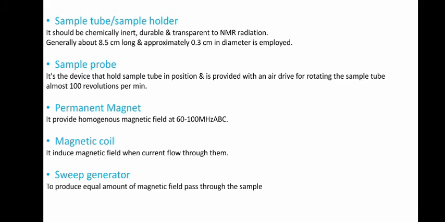Permanent magnet: it provides a homogeneous magnetic field at 60 to 100 MHz. Magnetic coil: it induces a magnetic field with current flowing through them. Sweep generator: it produces an equal amount of magnetic field passed through the sample.